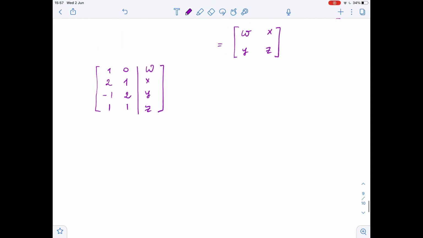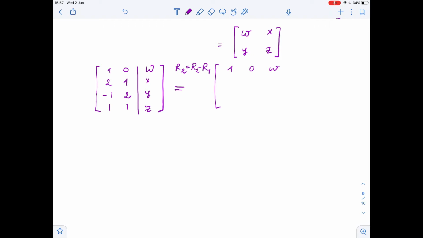So the first thing that we do, let's rewrite the matrix. We leave the first row the same, so just 1, 0, W. For the second row, we will subtract the fourth row from the second row. So here I will write down what we're doing: R2 is equal to R2 minus R4. So we substitute R2 by this subtraction.